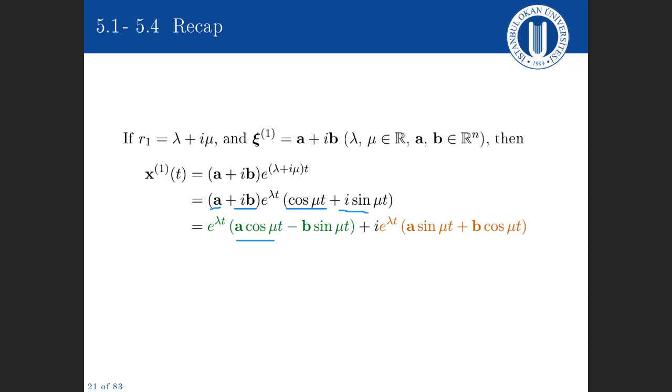We get minus b sine. How can we get a complex term? I could do a multiplied by i sine, or I could do ib multiplied by cos.